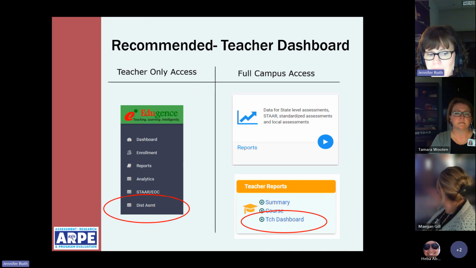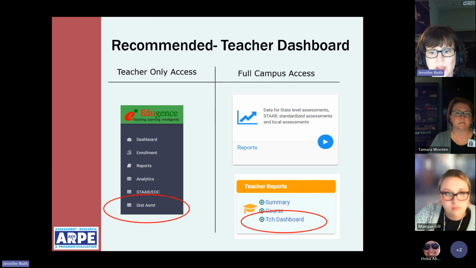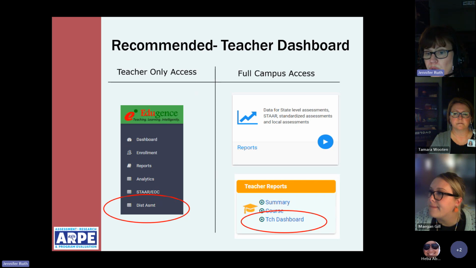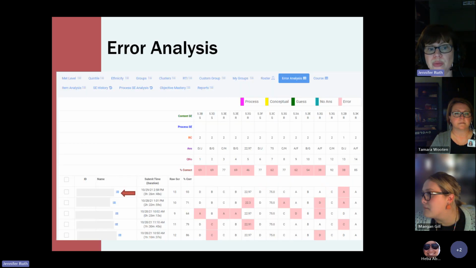Then on the black sidebar, you're going to look for the option that says district assessment, not the one that says district assessment with new in parentheses. You're going to look for the one that just says district assessment, and that will take you to the teacher dashboard. If you do have full campus access, you're going to go to reports, and then look under district assessments and find teacher dashboard. It just depends on your level of access in Edugents, but it will take you to the teacher dashboard.